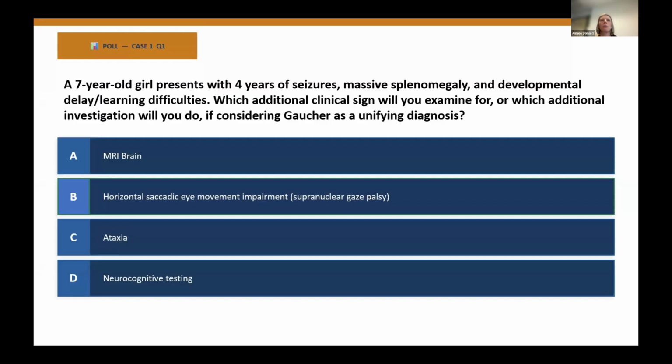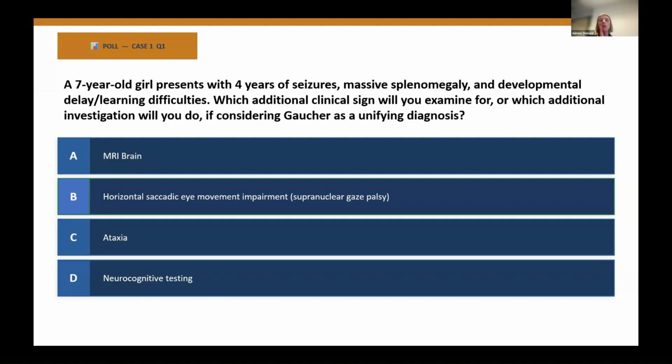So your options are an MRI brain, so an investigation, saccadic eye movement examination, look for ataxia, or would you do neurocognitive testing? What test or investigation would you do? So you can either put it in the chat, or you can click on the poll and we can see your answers on the poll as well.